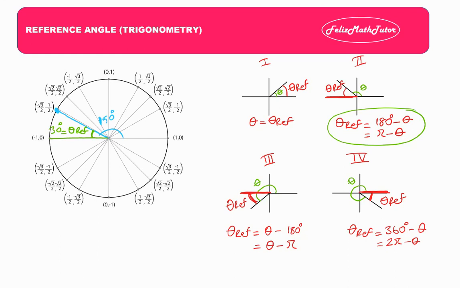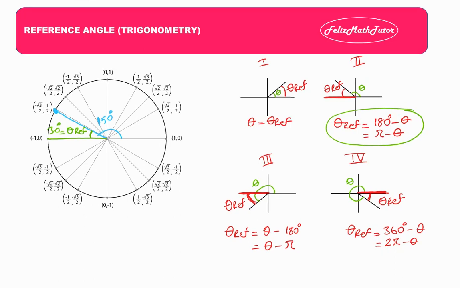Okay. The 150 degree values are here, but we are going to use the 30 degree values, which is my first 30 degrees here in the unit circle. So the 30 degree values are here. They are the same. What is the difference?